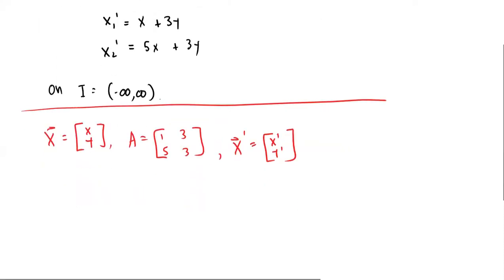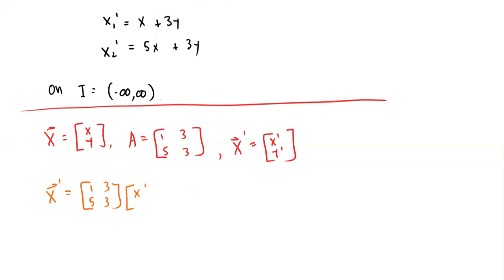So we can write this system in a more shorthand manner as x prime equals A, which is the matrix 1, 3, 5, 3, times x.